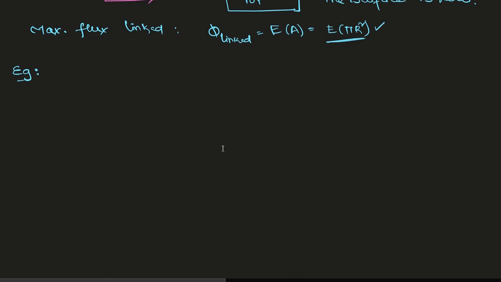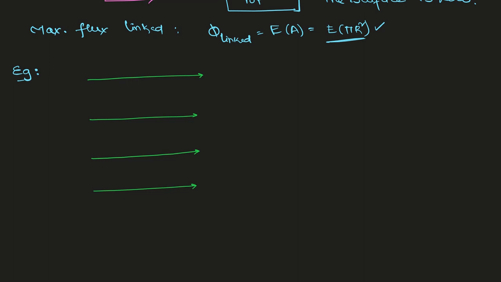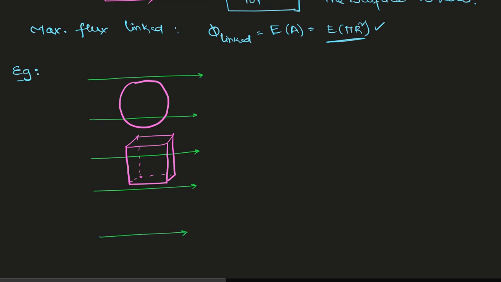If we are given a uniform electric field that is directed along the positive x-axis, they may give you a uniform sphere placed in that region, or else a cube of side length A placed there, or else, suppose the uniform electric field is in this direction, a cone of height h and base radius r is placed.